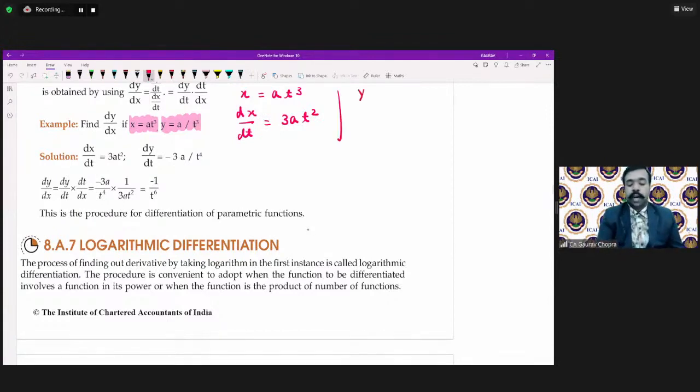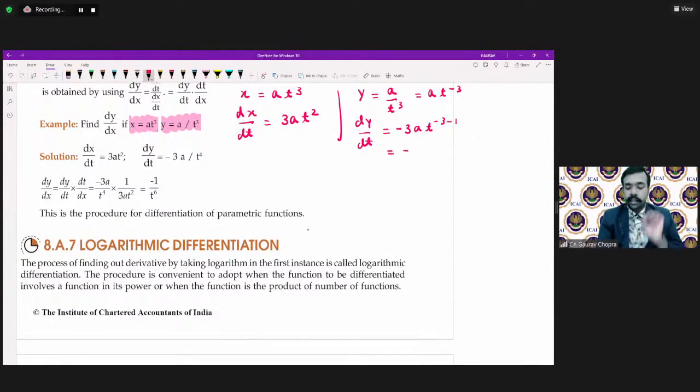Similarly, for y is equal to a by t cube, we can also write it as a times t to the power of minus 3. So when we are finding dy by dt, that means we are differentiating with respect to t. a is the constant, minus 3 will jump forward and the power of t will reduce by 1.